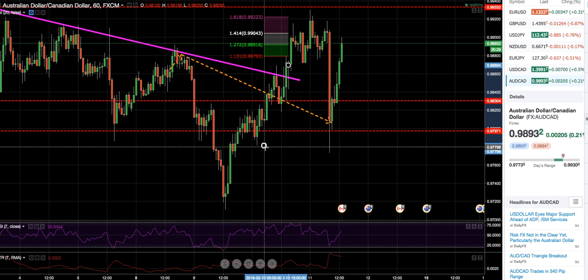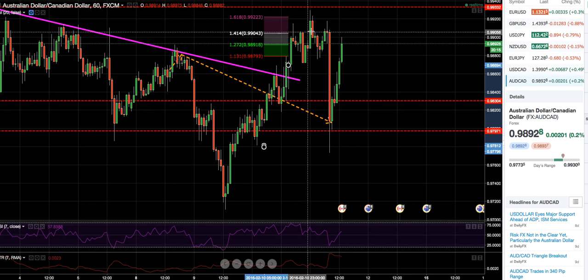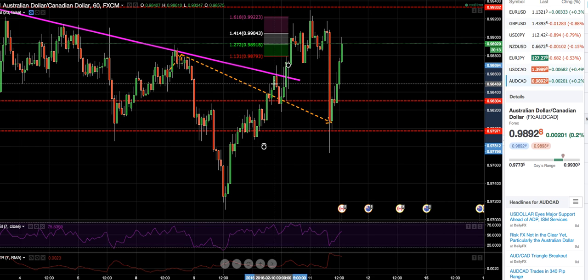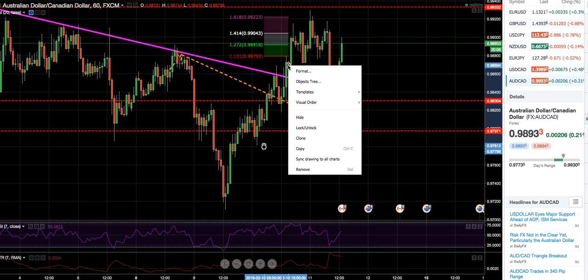No, we did not. This was actually an invalid pattern because the market closed above the 1414. So there was no cipher pattern.